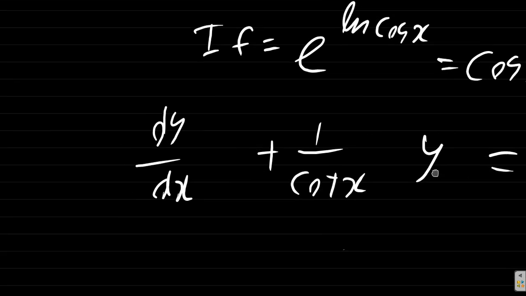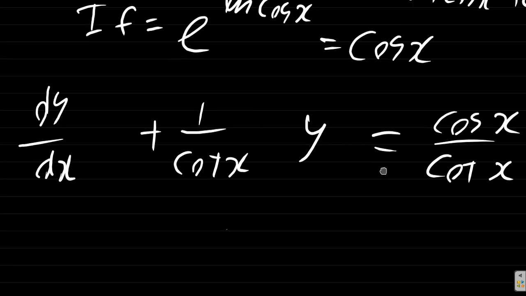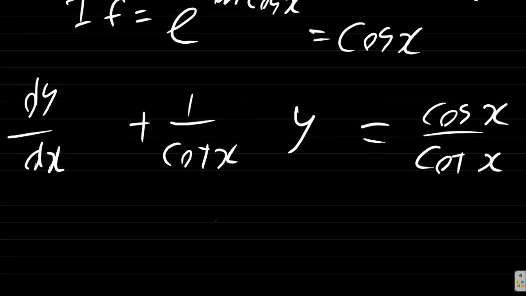Alright. Now we multiply both sides by the integrating factor cos x. So times cos x, this times cos x, and this times cos x.